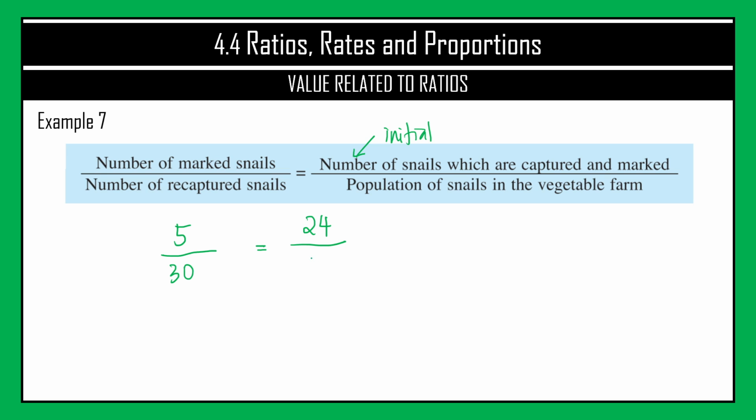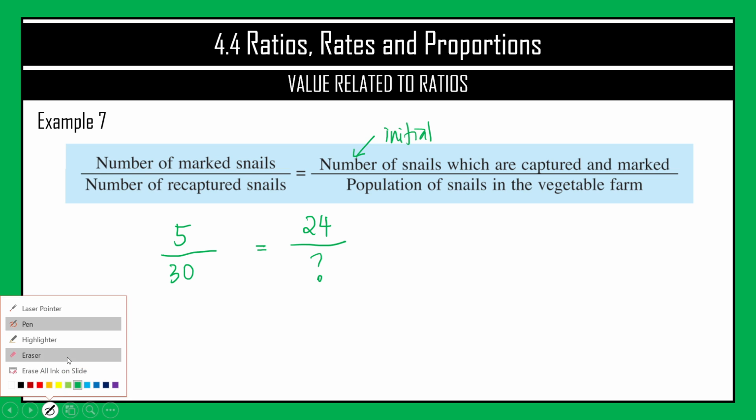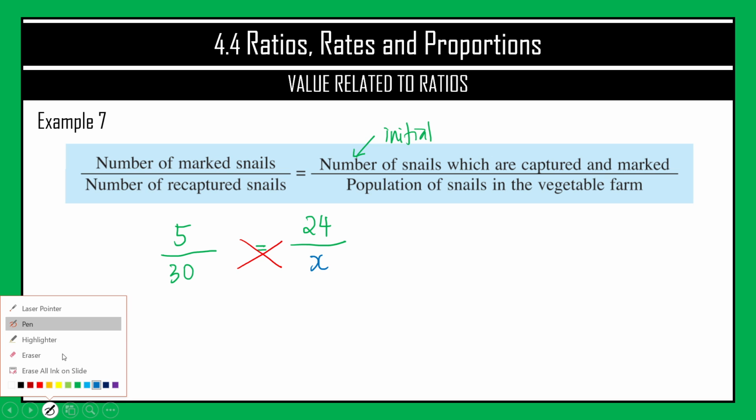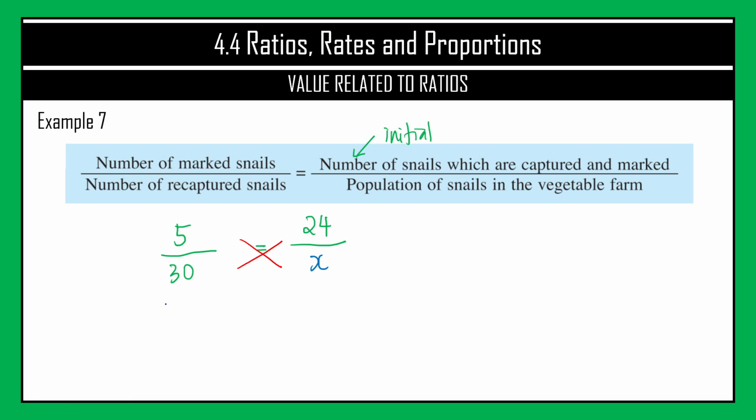Alright, so we want to find the population. You can use whatever method you want. I prefer to use cross multiplication, which is easier. Now I do not know what the estimation of the population is, so I'll use an alphabet to represent it. Right? So now let's calculate.